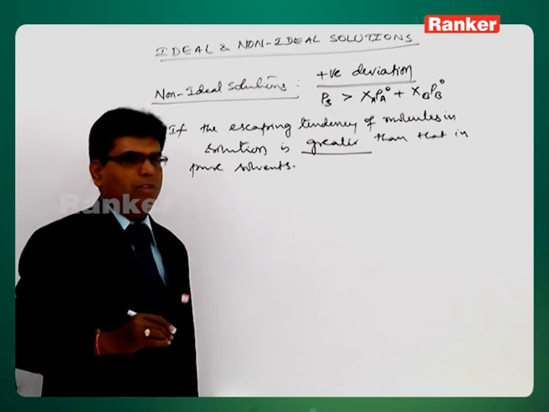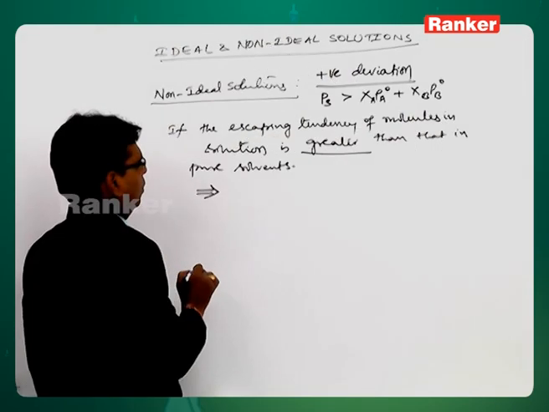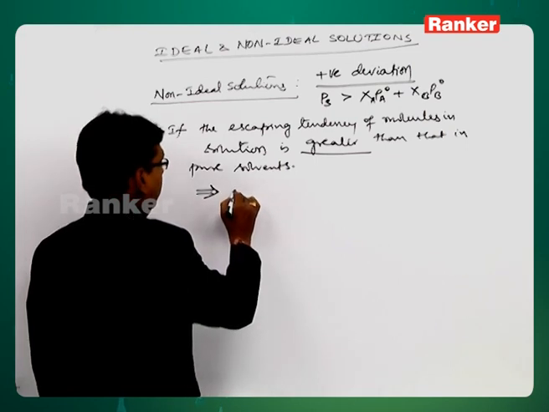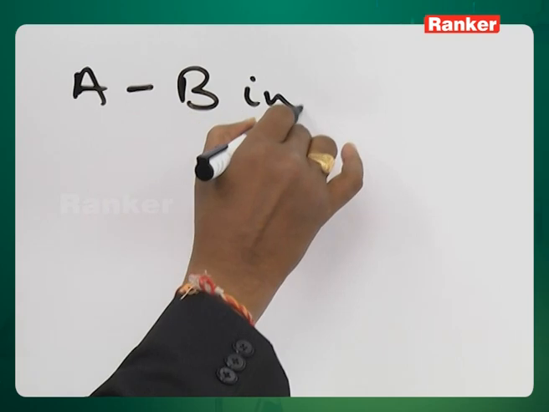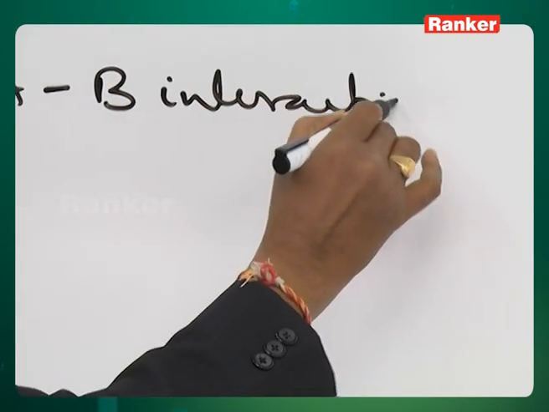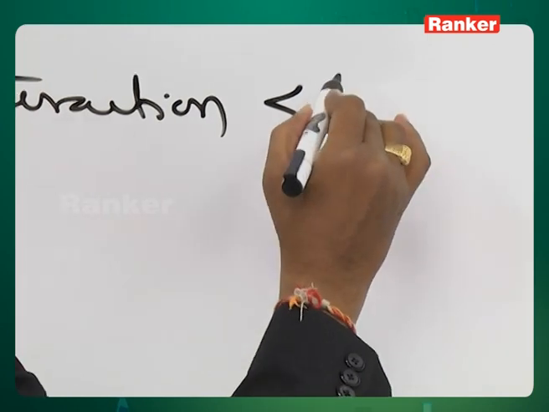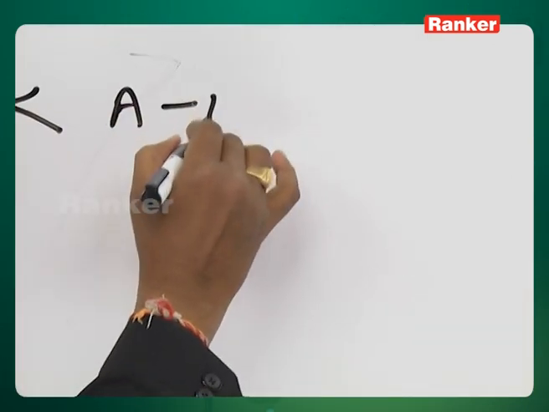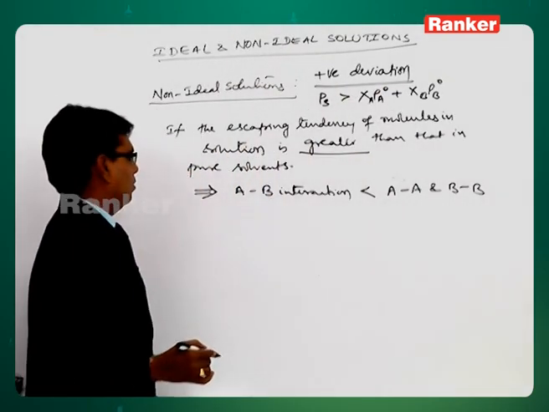When can this happen, when will the escaping tendency be more? Obviously, it is possible when the intermolecular force AB interaction is less than AA and BB interaction.